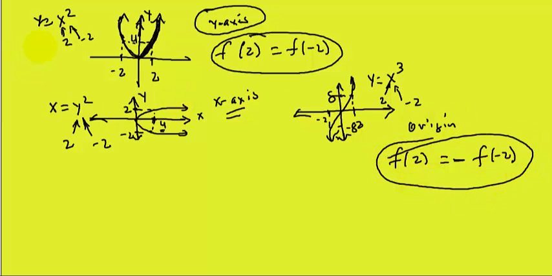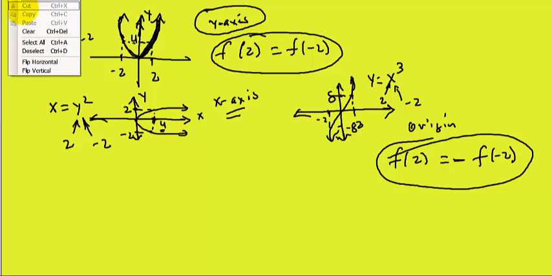So let's go ahead and look at some of the problems. Let's say this is section 2 and this is number 2. You have y is equal to x to the 4th minus x to the 2nd plus 3.